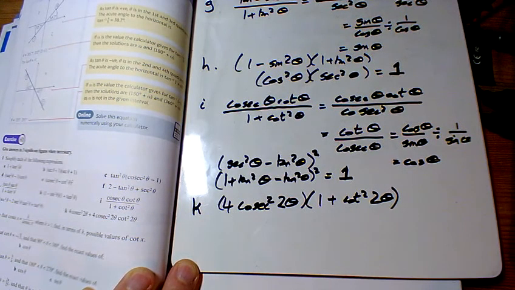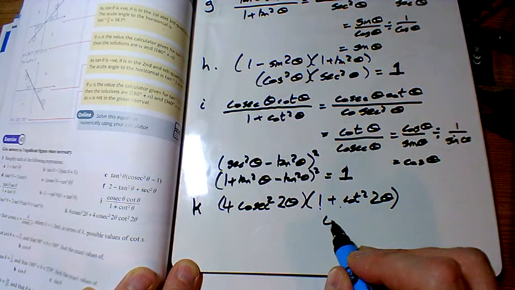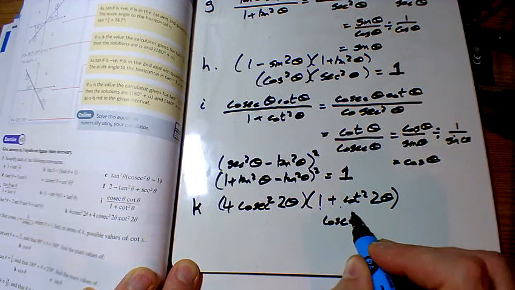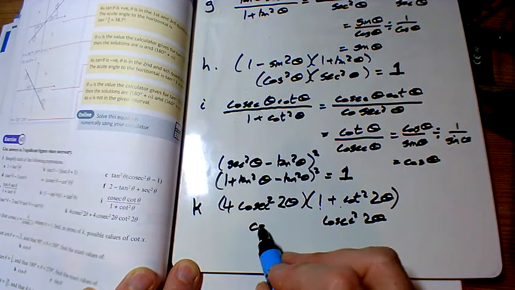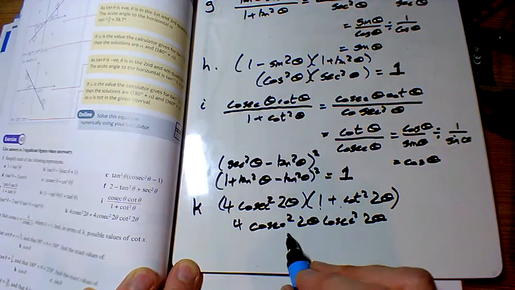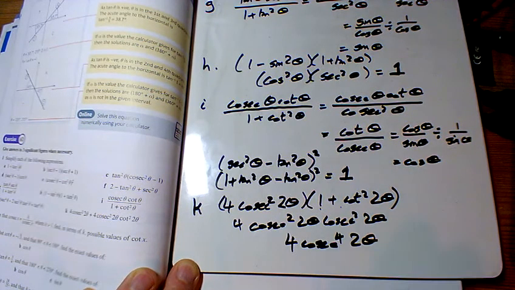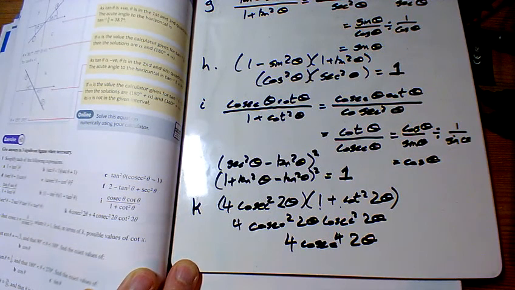So I'm just factorising that out. 1 plus cot squared is cosec squared 2 theta. And so is that enough? 4 cosec to the 4 2 theta. I'm going to leave it there.